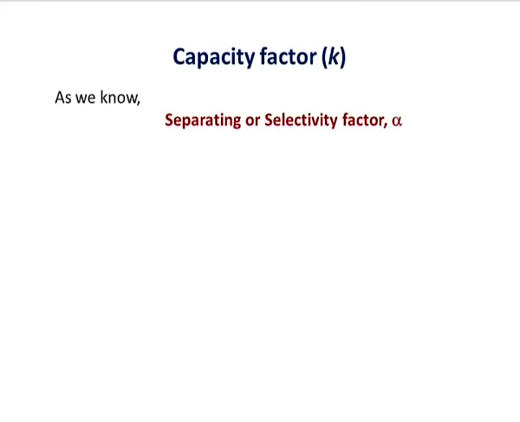Now, we are moving on to another term which is called capacity factor, another very important term as far as chromatograms and chromatography is concerned. So far we know that a separating factor or selectivity factor alpha is related to delta TR. Now, it is time to look at it in a little bit more detail.